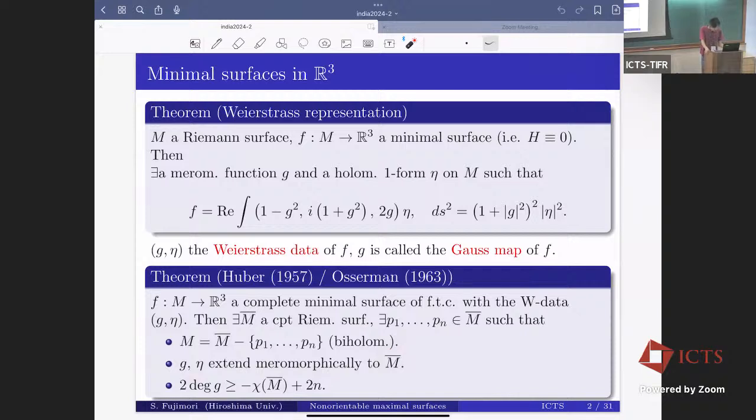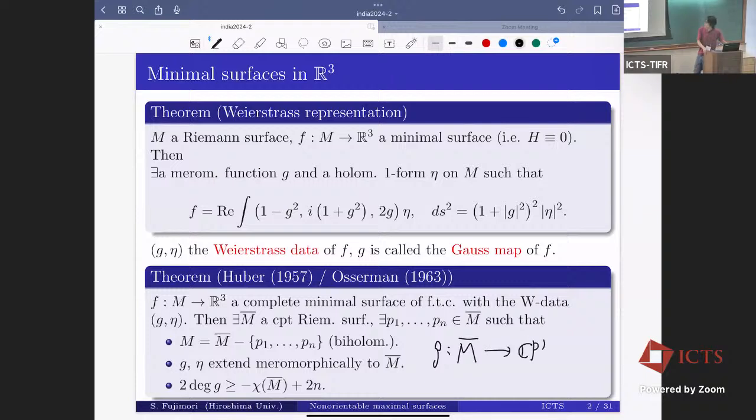In particular, G extends meromorphically to M bar. So G can be considered as a meromorphic function on M bar. This means G is a holomorphic map from a compact surface to CP1.